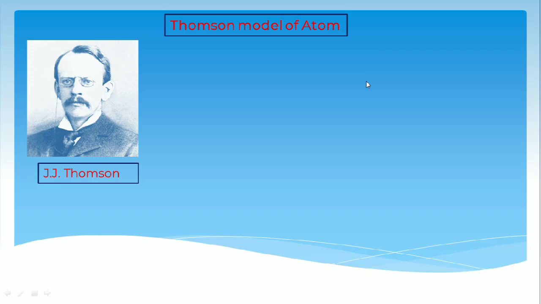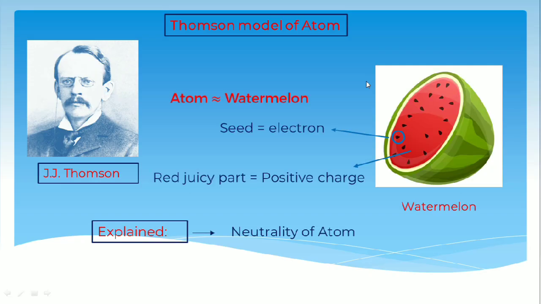We can consider this watermelon as an atom. So this is a watermelon. This red portion represents the positive charge, and these black seeds represent electrons.